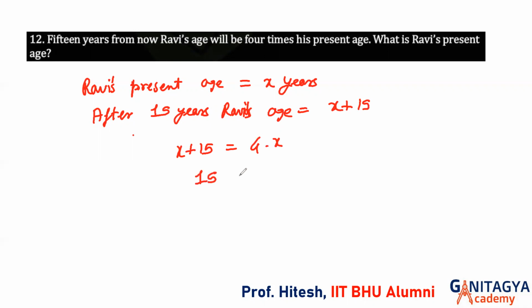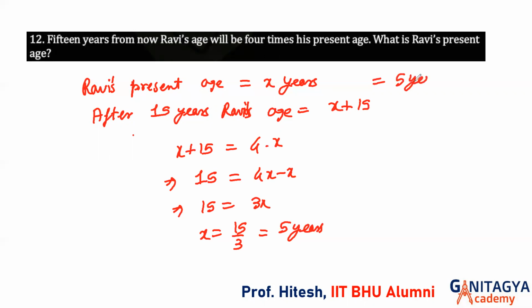It is x plus 15 equal to 4x, so 15 is equal to 4x minus x, that is 15 is equal to 3x, so x is 15 upon 3, equal to 5 years. So Ravi is 5 years now, and after 15 years he will be 20 years old. Okay, yes, chaliye, please write it down, let me know when done.